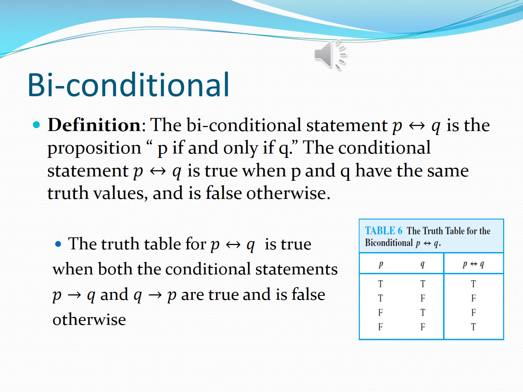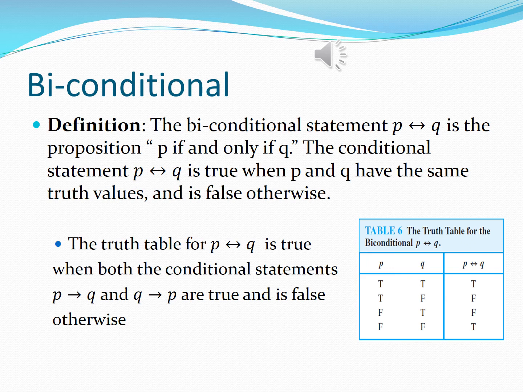The truth value for P and Q is true when both the conditional statements of if P then Q and if Q then P are true.